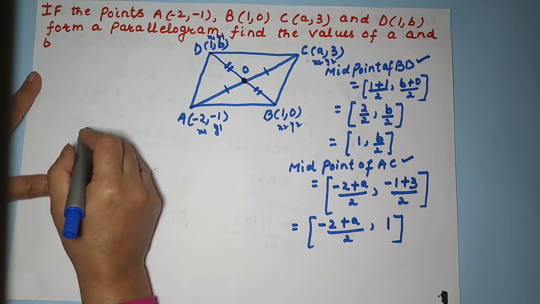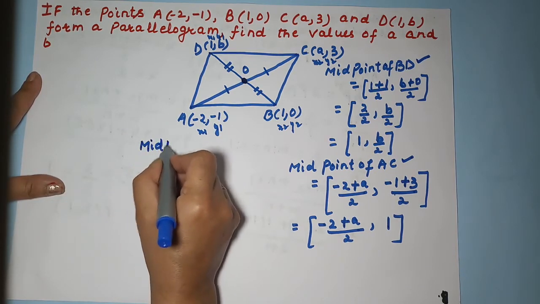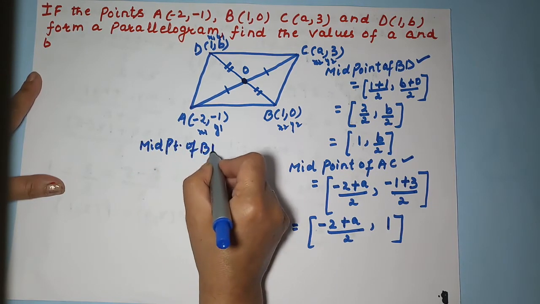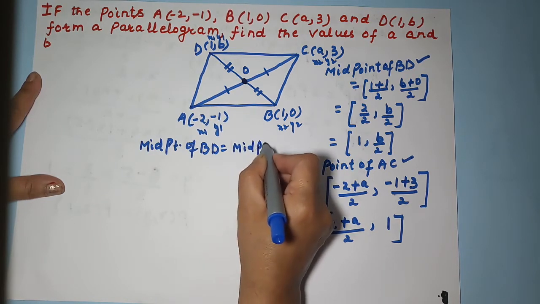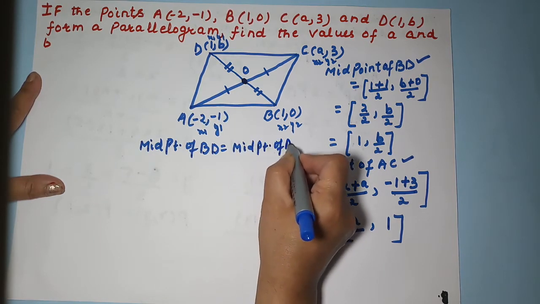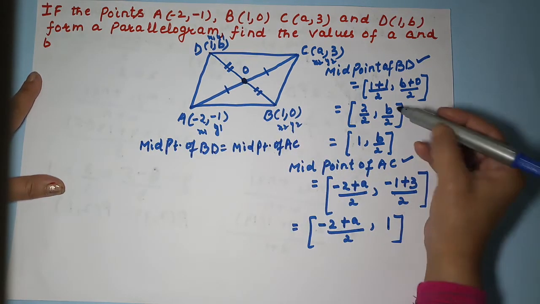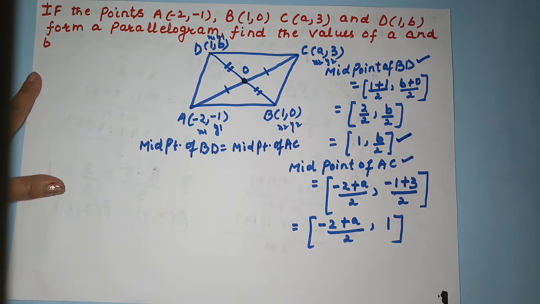Now we are saying that the midpoint of BD is equal to the midpoint of AC, as you can see the midpoint is the same. So can we equate these two values? This is the midpoint of BD and this is the midpoint of AC.